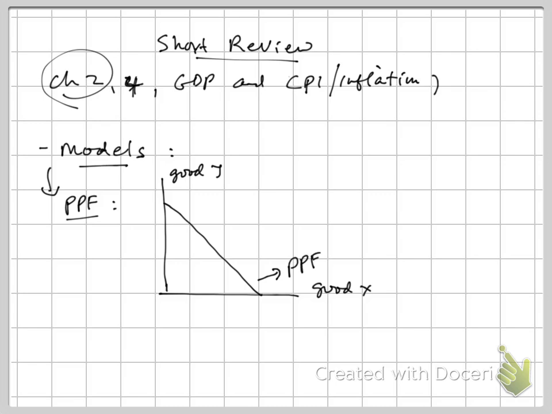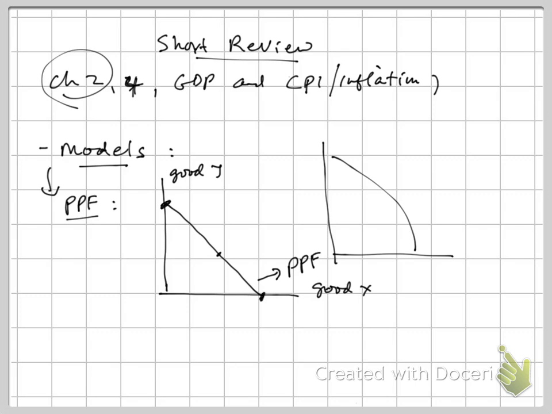Now it can be a straight line, or it can be bowed outward. That's not really the point. The downward sloping thing is more important. And here, you can explain with the production possibility frontier the trade-off that is involved in producing the two goods.